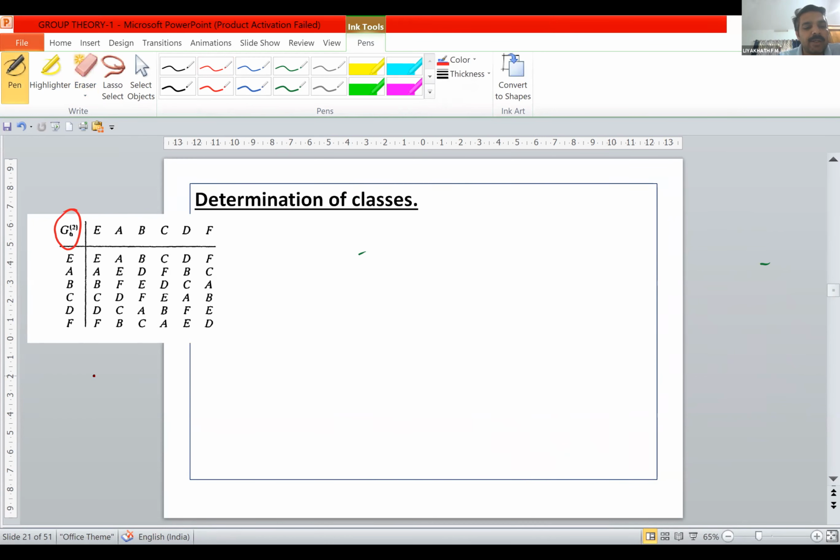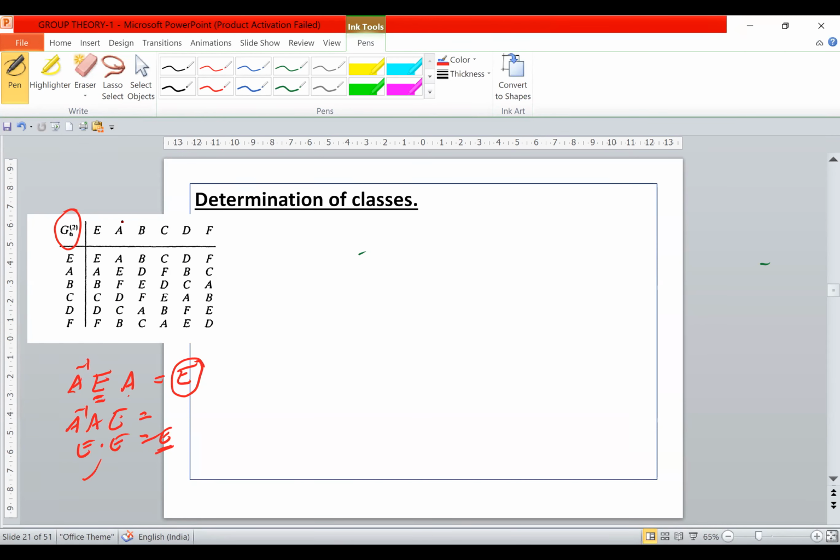So first we have to find E. We know that E will always form a separate class, because when E is multiplied on the right with any element and on the left with its inverse, we always get E itself, because E commutes with A. Also we can write A inverse A E is equal to A inverse A, which is E. So the similarity transform of E will always be E. Therefore E always forms a separate class. Okay, so that is over.